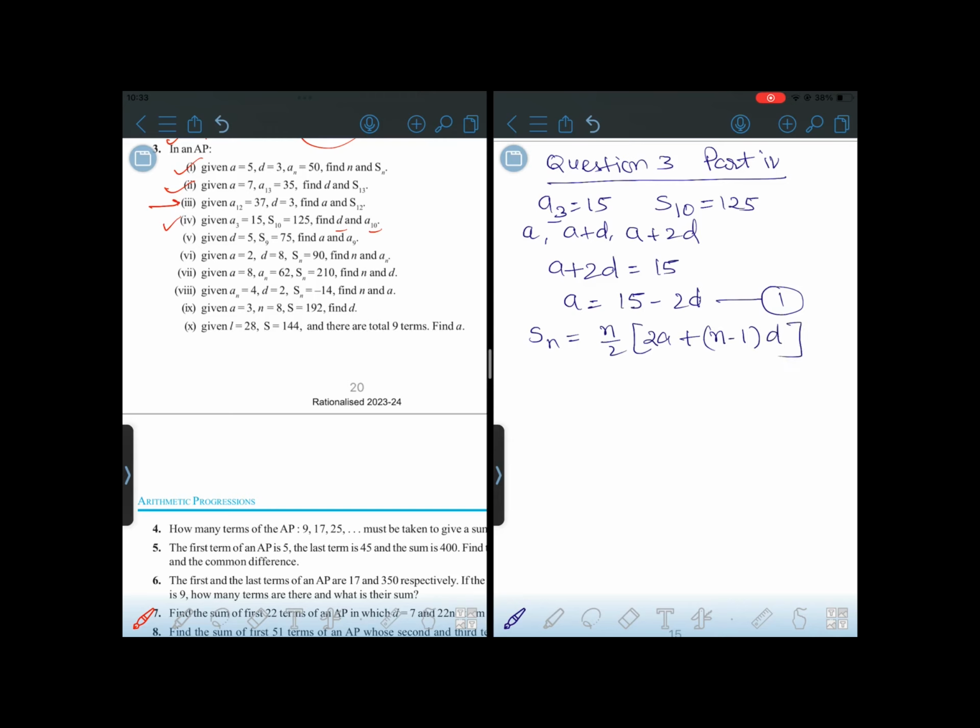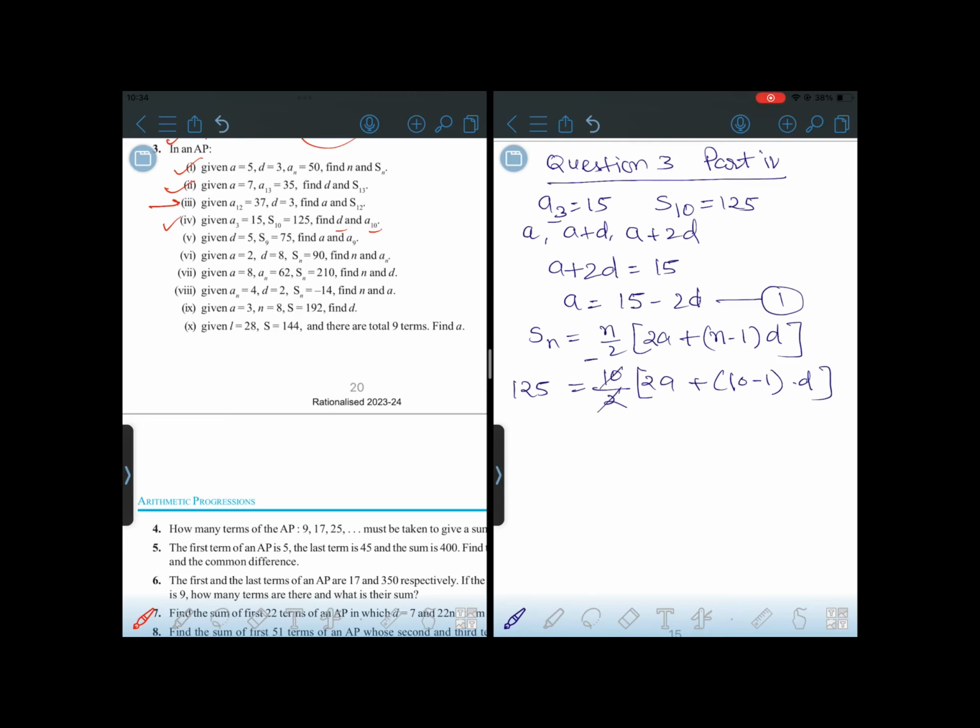So now we can put all the values which we have. Sn is 125. The value of n will be 10 upon 2 because we are given that sum for 10 terms. The value of a, just keep it for now, 2a only, and this is (10 minus 1) into d, make it close.